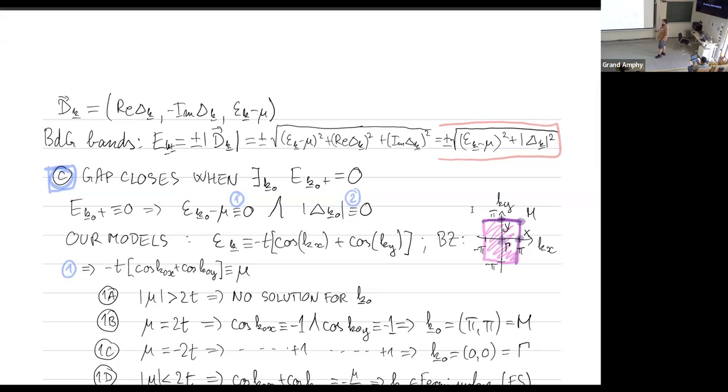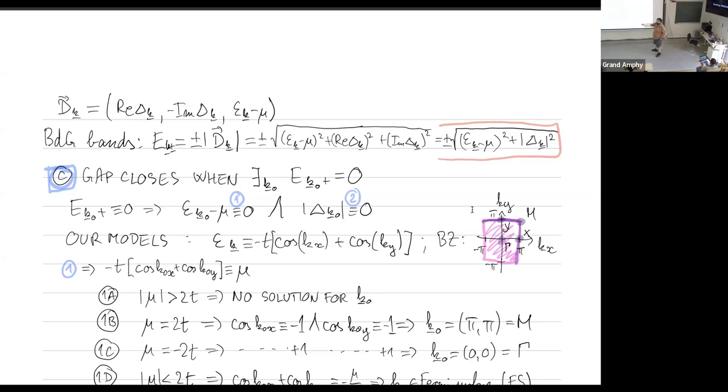That's a useful trick. It's just the square root of the squares of the coefficients of sigma x, sigma y, sigma z. So you should have that dispersion. This is the standard superconductor dispersion. Also, Pascal showed it in lecture today. Okay. So now, where are the gap closing points?